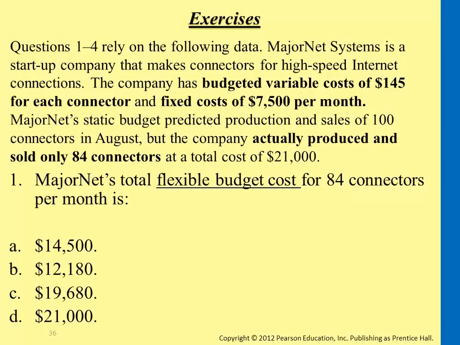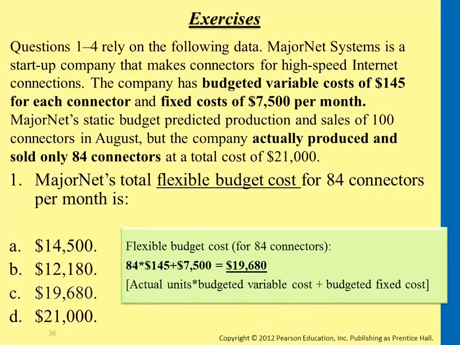So 84 connectors is the actual volume of sales and production, but for flexible budget, we still use the original variable expense that was set up in static budget. We're not comparing with actual results, and the problem didn't tell us the actual variable cost spent either. So this part here we use budgeted fixed cost $7,500. So you use 84 times 145 plus 7,500.